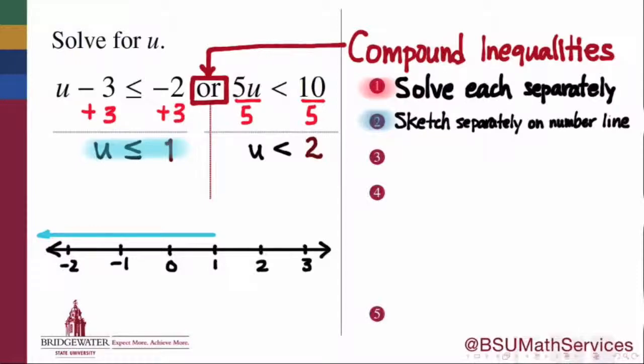In other words, I have just shaded in all of the numbers on the number line which are less than or equal to 1. I can reinforce the fact that 1 itself is included in this inequality because of the less than or equal to symbol here. 1 is actually a solution of this inequality.